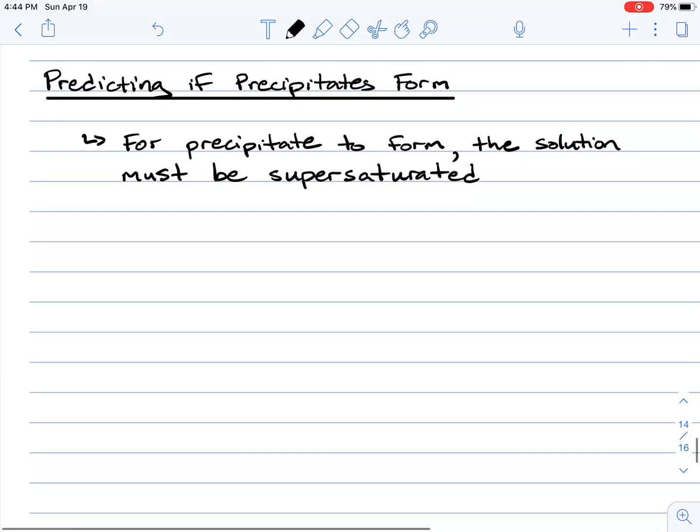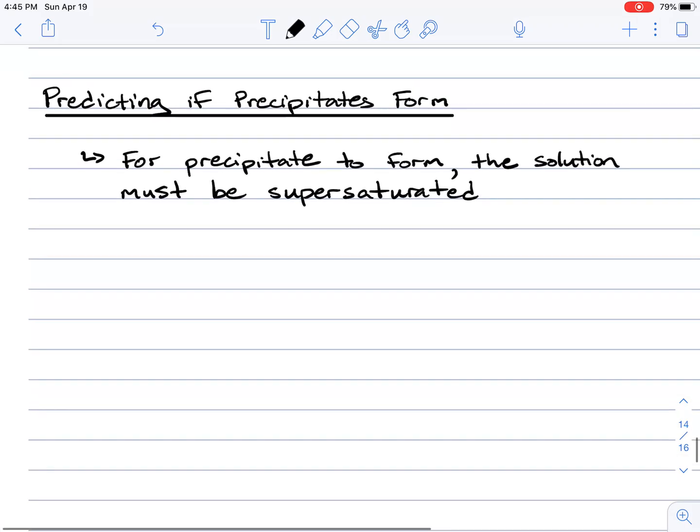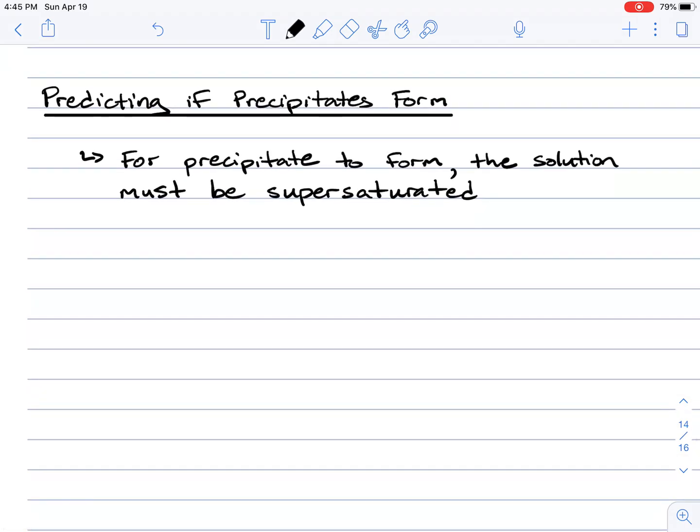To predict whether or not a precipitate will form, somehow we have to determine that the solution is supersaturated with the ions responsible for forming that precipitate. For example, if you have a supersaturated solution of ions that are spectator ions, then even though it's supersaturated, those are spectator ions, so no precipitate will form.